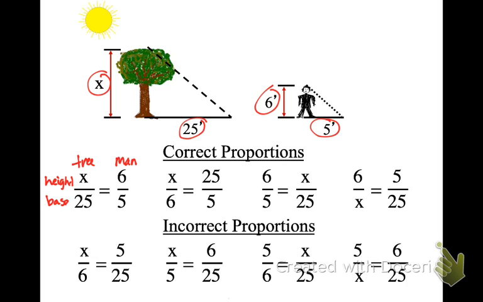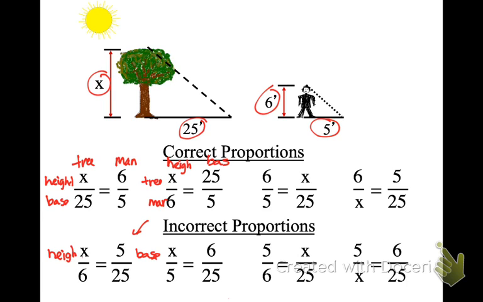You'll see x and 6. This is the height, and this is the base. This is the tree, and this is the man. Whereas if you look at some of these, notice x represents the height and this represents the base.